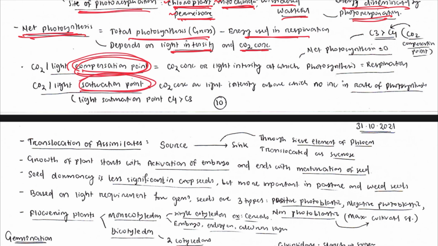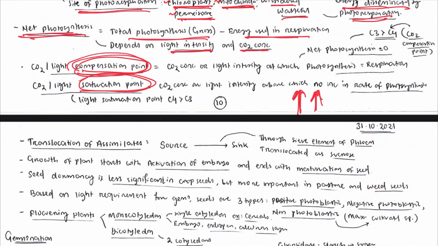The compensation point is the point when the rate of respiration is equal to the rate of photosynthesis. Inside the plant, photosynthesis is going on continuously and respiration is going on continuously.